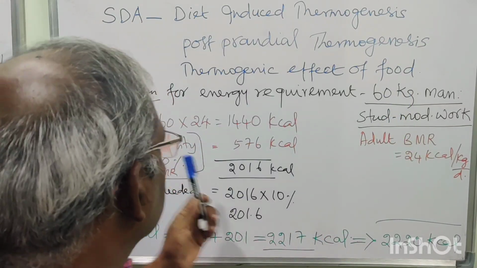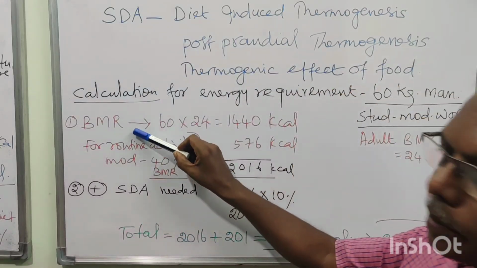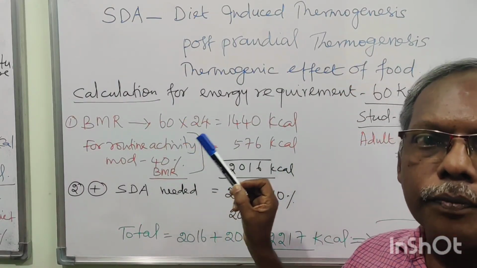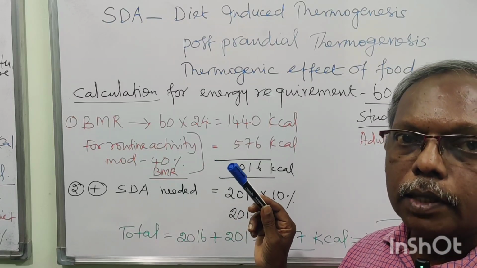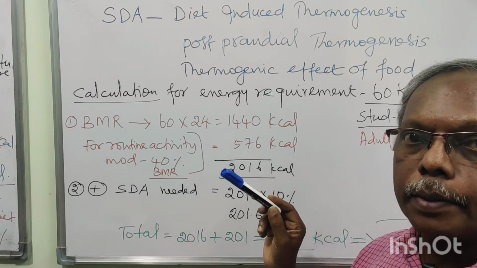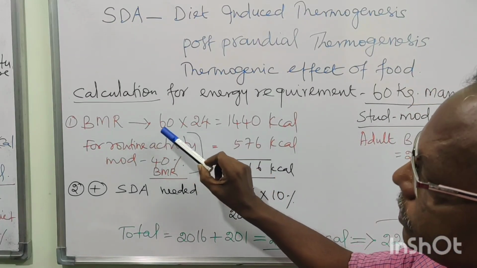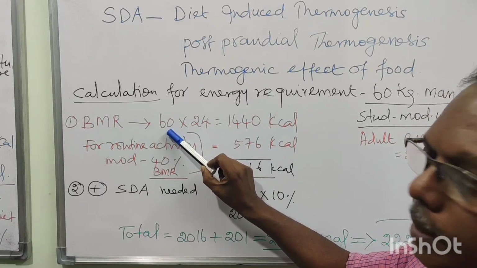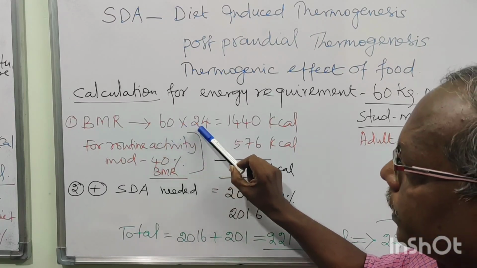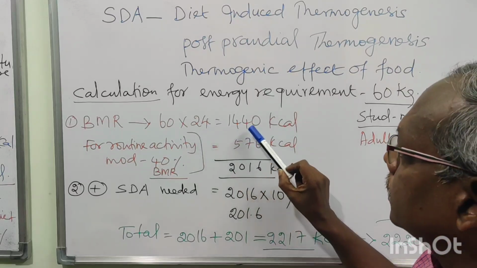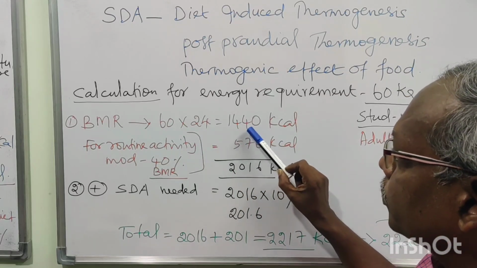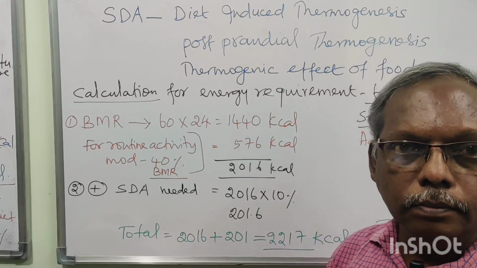First, the BMR. For any activity, we have to add 40% of BMR. So 60 means a 60 kg medical student, and 24 is the normal BMR for an adult. The amount is 1440 kilocalories.